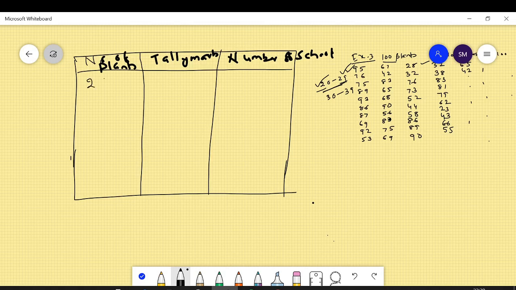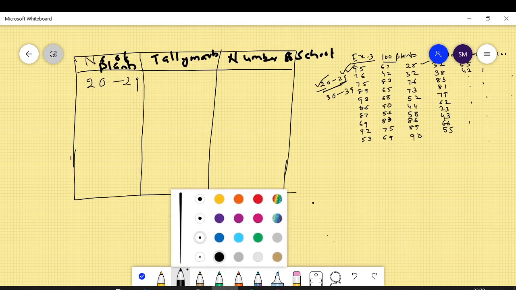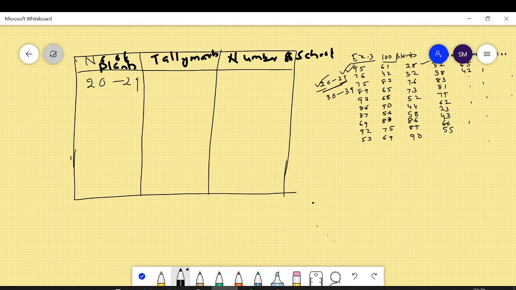Suppose we make from 20 to 29. Then the next data, 30 to 39. Then 40 to 49. Then 50 to 59. Next 60 to 69.